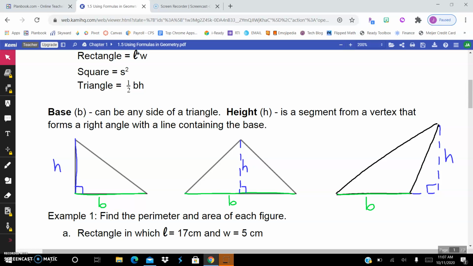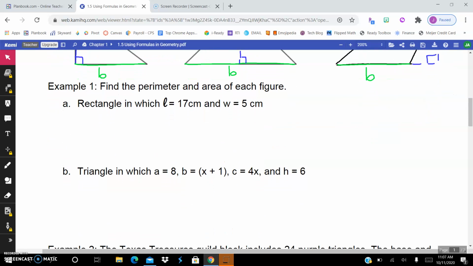For example 1, it says find the perimeter and area of each figure. The first one is a rectangle in which the length is 17 centimeters and the width is 5 centimeters.